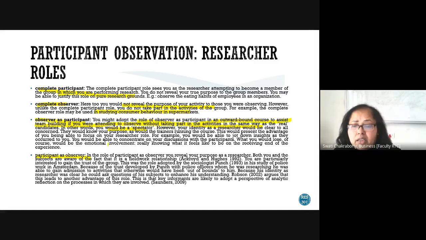Participant as observer: here you reveal your purpose as a researcher. Both you and the subjects are aware of the fact that it is a fieldwork relationship. You are particularly interested in gaining the trust of the group. If you gain their trust, then it becomes easy to understand their behavioral pattern. You can ask questions and get more answers, right?